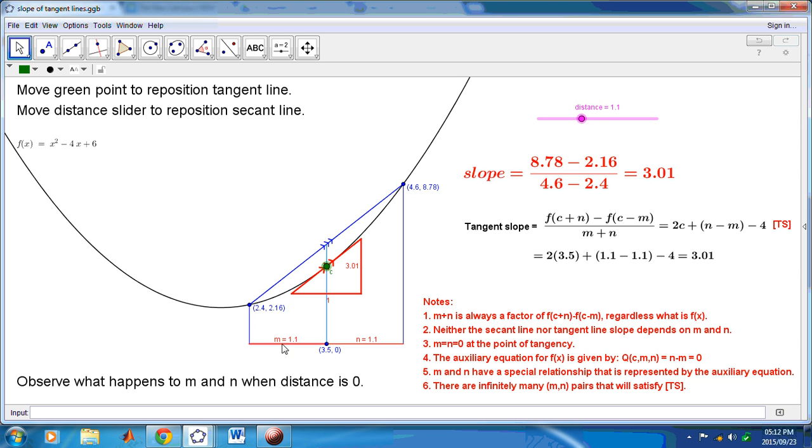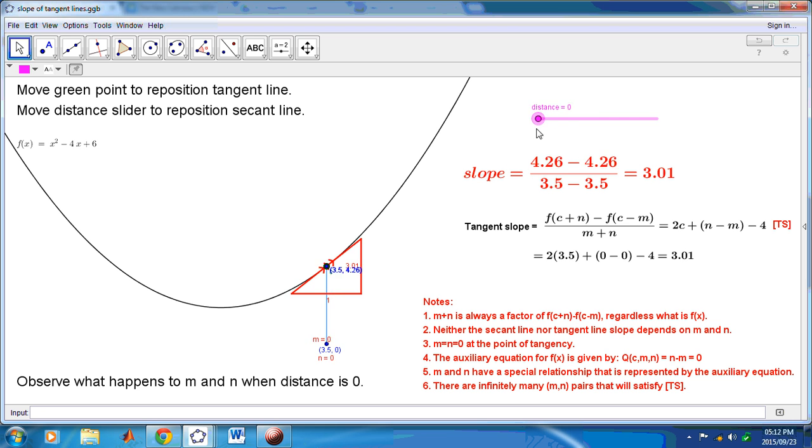The relationship between m, n, and c is called the auxiliary equation, and it's denoted by Q with these three parameters, c, m, and n. Now you'll notice that as the secant line gets close to the tangent line, both m and n become pretty close to 0.